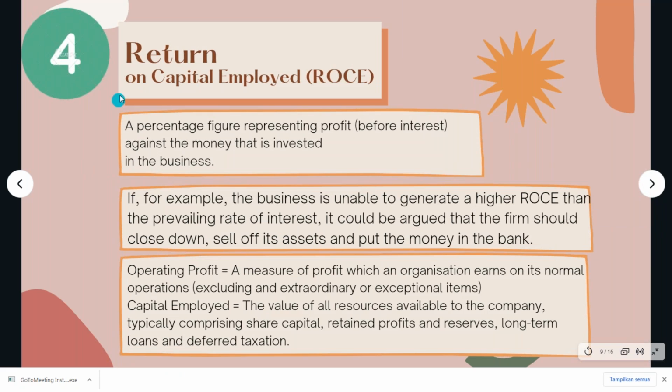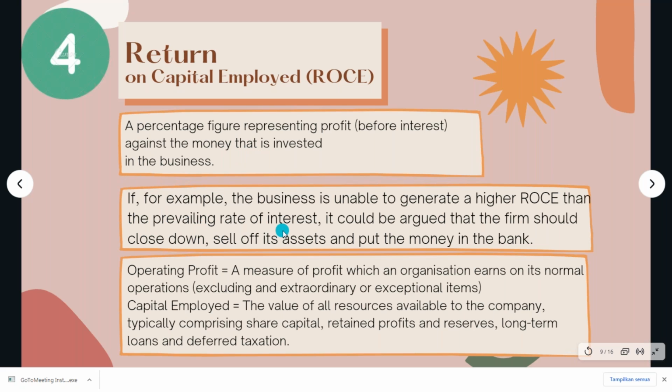And the next is return on capital employed, or ROCE. This is a percentage figure representing profit before interest against the money that is invested in the business.